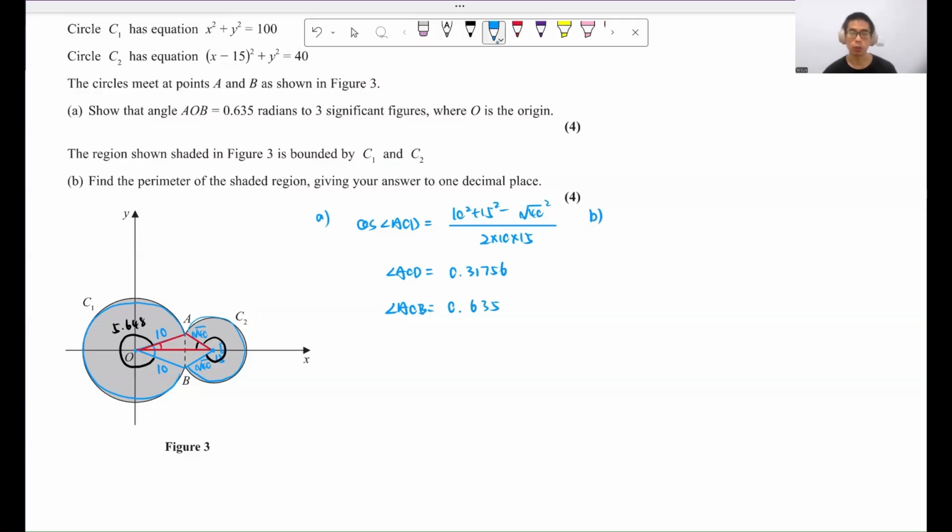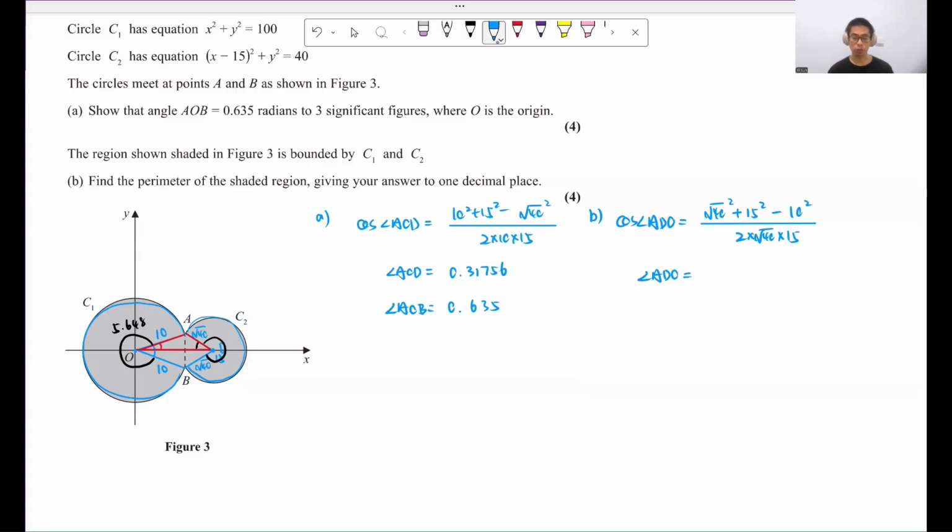So for cos of angle ADO, that would be root 40 squared plus 15 squared, minus the opposite one, 10 squared, over 2 times root 40 times 15. So angle ADO is equal to cos inverse of all that.